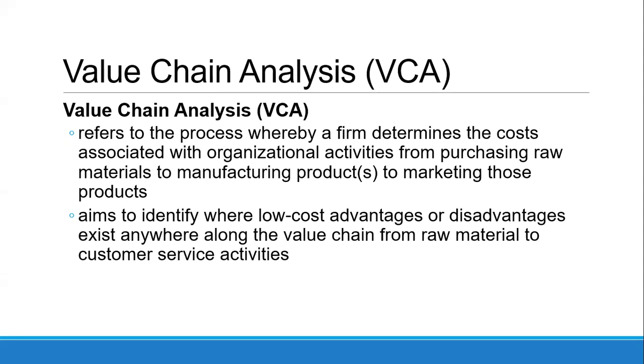Now, generally speaking, these activities can be broken down into two main types, primary activities and secondary activities. The primary activities are the ones that are directly involved in the production and distribution of the goods and services, whilst the secondary or support activities are the ones that enable the primary activities to be performed.